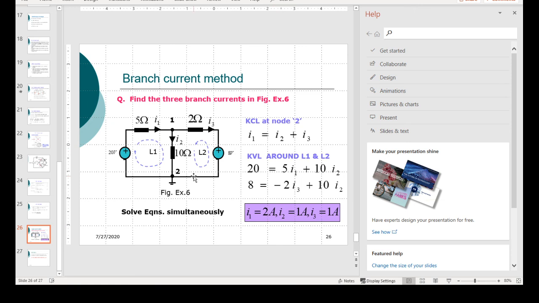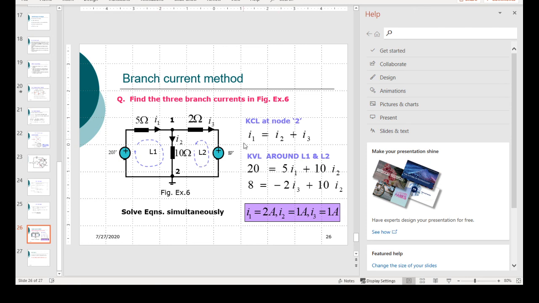Now there is no example here, but this is just a simple one to illustrate the branch current method. Now, like I've said before, here we are actually using KVL, but instead of defining the loop currents, we define branch currents, and we stay with the branch currents.